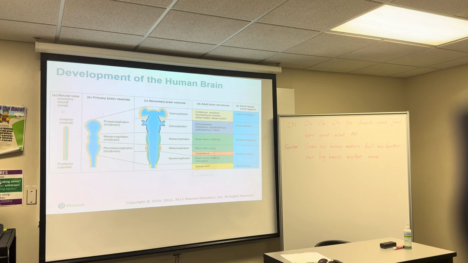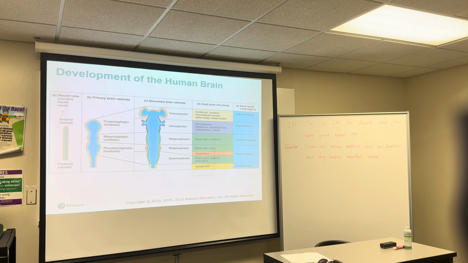But if you look at your adult, fresh, healthy brain, inside you have some cavities. Those cavities are filled with the what? Cerebrospinal fluid. Those fluid filled cavities are called ventricles. When we become adults, we have four ventricles.